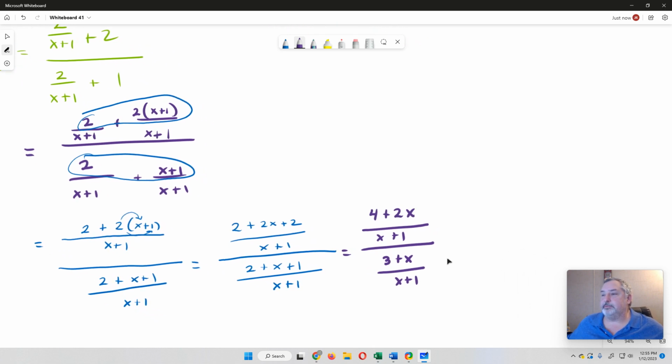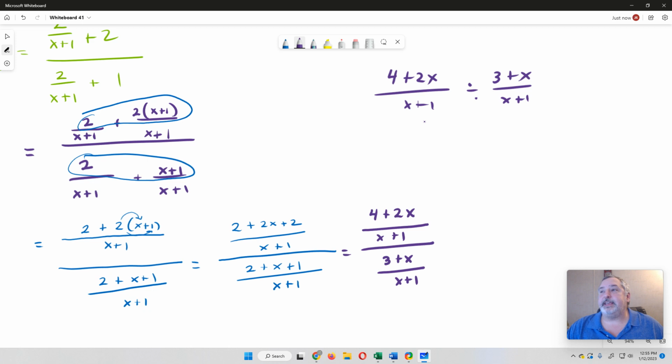And so now I have a fraction over a fraction, so we're going to divide the fractions. I'm going to show the long step, and then I'm going to show you how I just knew what the answer was going to be. The long step: I'm doing 4 plus 2x over x plus 1 divided by 3 plus x over x plus 1.